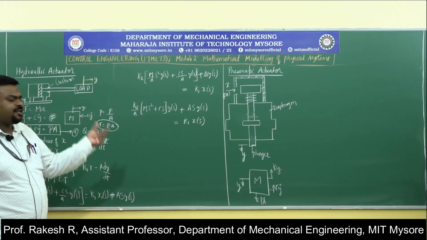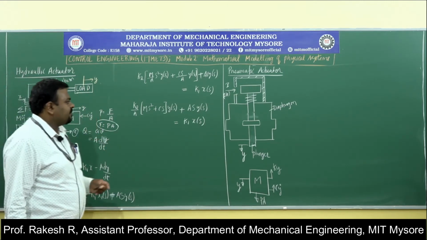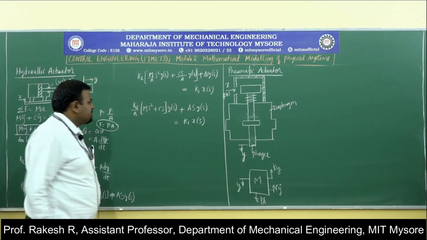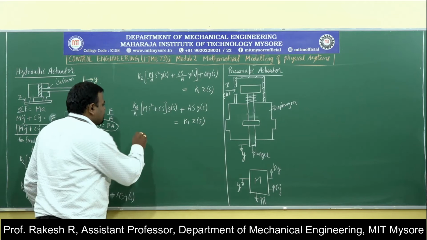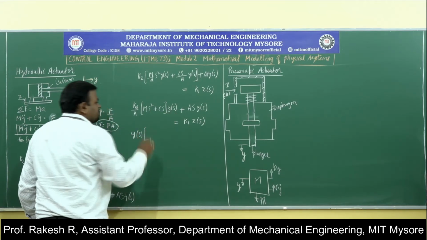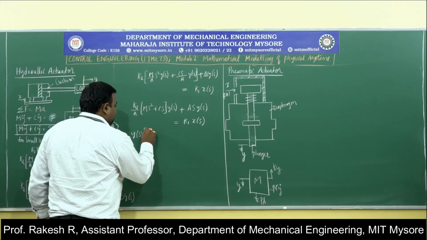I have to write an expression with respect to X and Y. So what I will do is, I will be simplifying this. If I simplify this, what happens? I will take Y of S as a common factor, multiply K2 here.